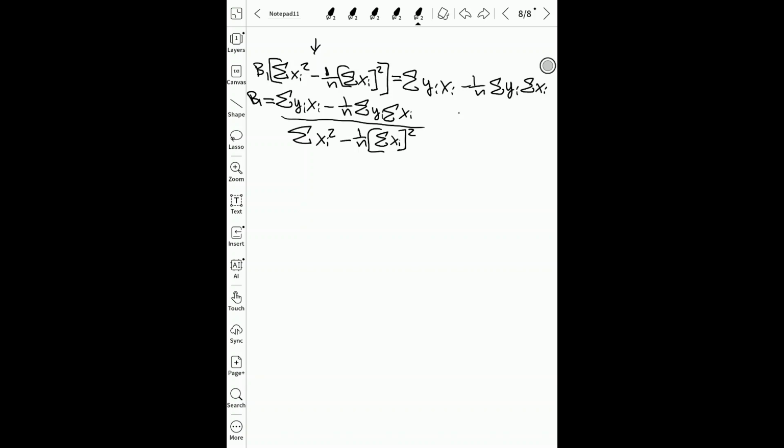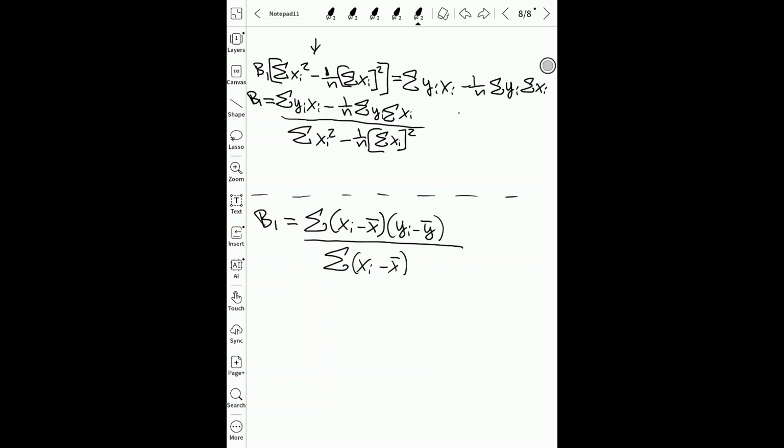However, we're going to go one step further, and the reason is that anybody familiar with these equations is probably used to seeing a form of beta 1 that looks like beta 1 is equal to the sum of xi minus x bar, which is usually meant to mean the sample mean of xi, multiplied by yi minus y bar, and that whole thing is over the sum of xi minus x bar quantity squared.